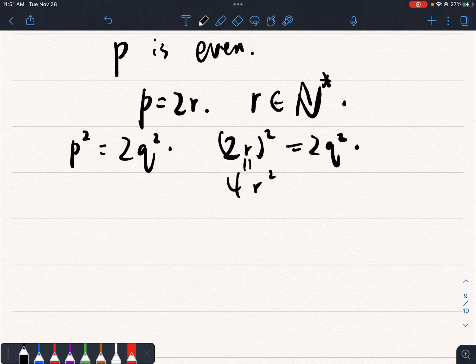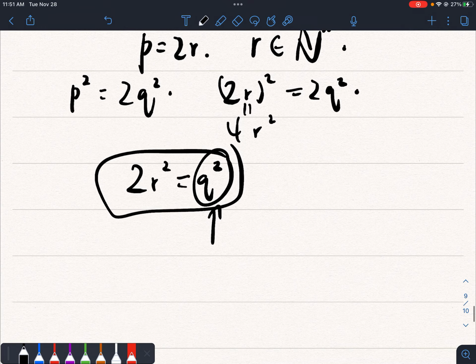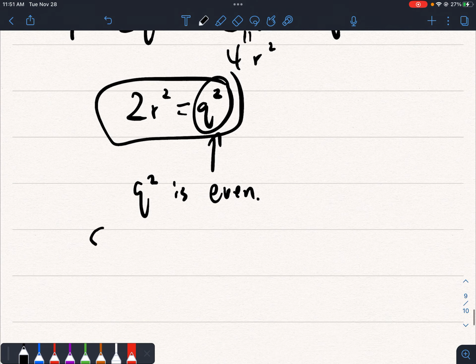So then we can cancel out 2 to deduce that 2 times R squared is equal to Q squared. But now, if you look at this expression, then Q squared becomes an even number, because it is a multiple of 2, right? Q squared is even. And then by exactly the same argument as here, you can show that Q is also even.